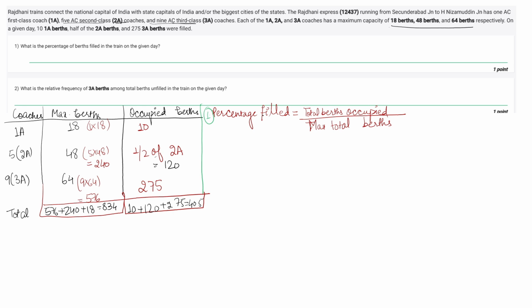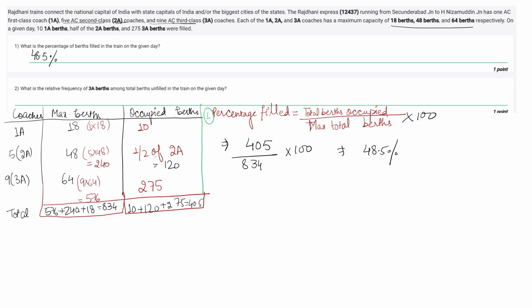So according to this, it will be 405 upon 834 into 100, and this is equal to 48.5%. So the first question's answer is 48.5%.